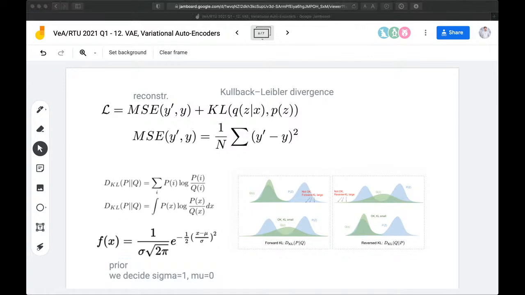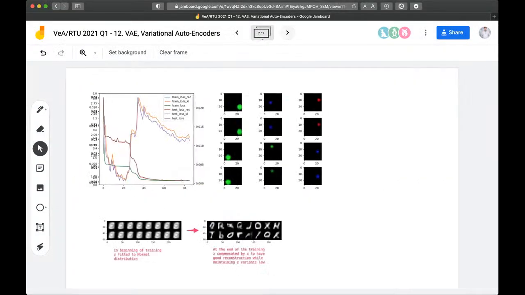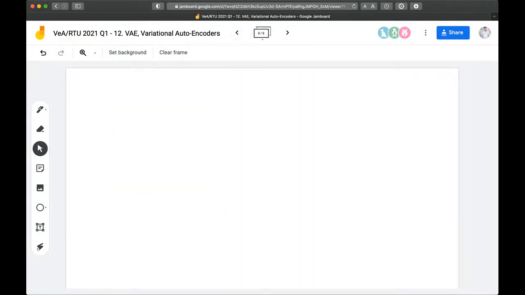The last thing missing before starting to code is what that equation actually looks like when we put the Gaussian equation into the KL equation. Then we get something like this.